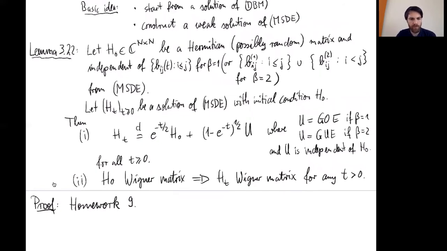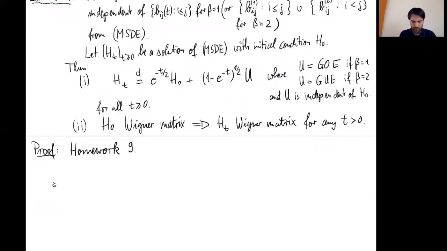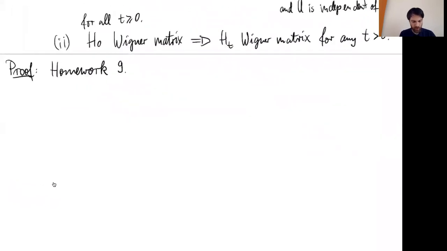What I want to do next is finally come to an application of this whole Dyson Brownian motion business, which goes under the name of edge universality, and that's the next section.